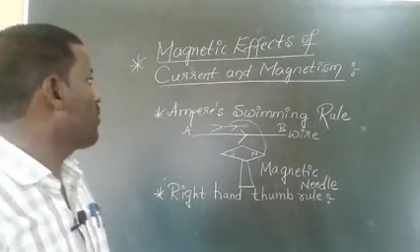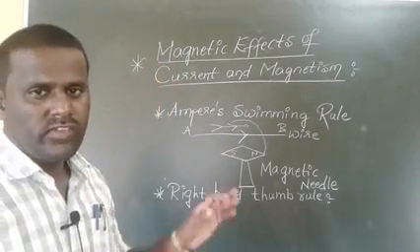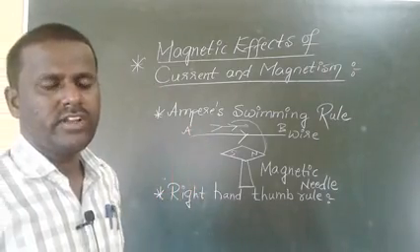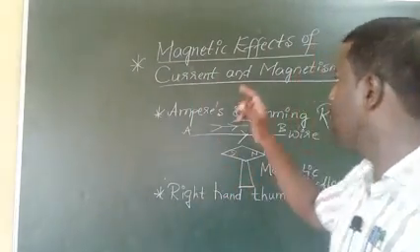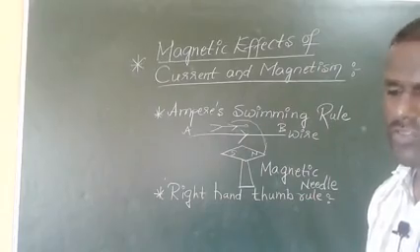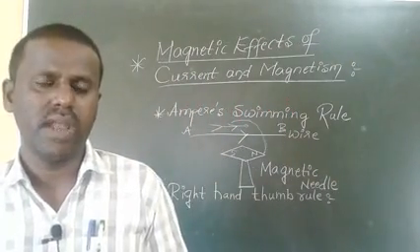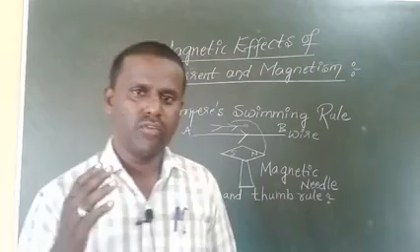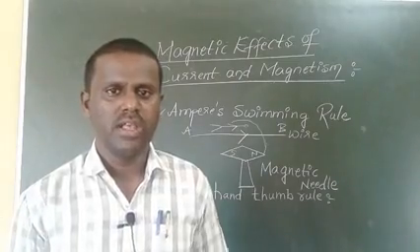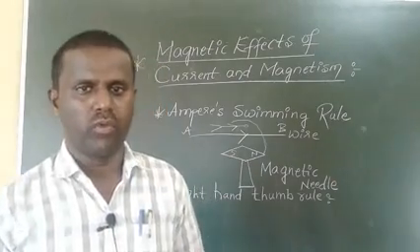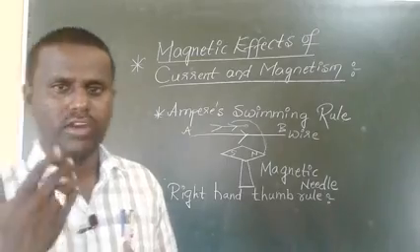First I want to tell you about magnetic effects of current and magnetism. This is your next unit and it is considered the 4th unit of your syllabus, and in this unit you are learning about magnetism, how magnetic field is produced, what is the definition of magnetic field, what are the different formulas related to magnetic field, the SI unit of magnetic field, and what you mean by magnetic force, how magnetic force is created, and the two formulas for magnetic force.